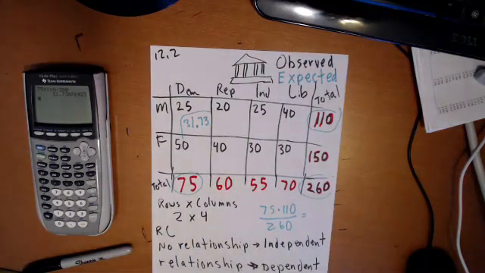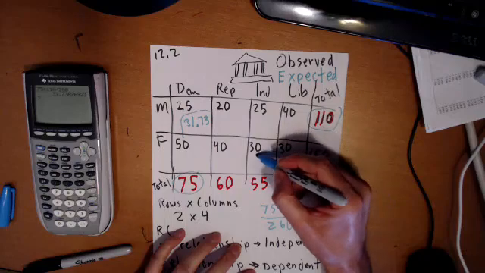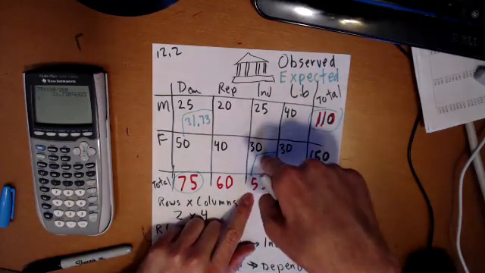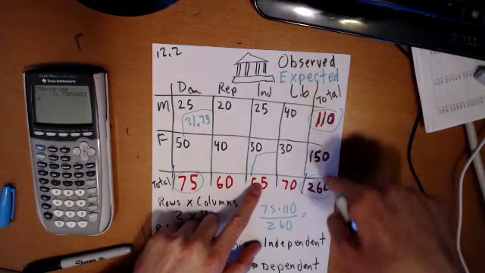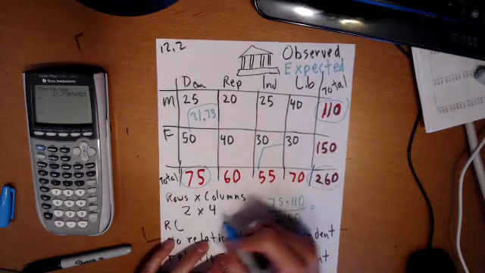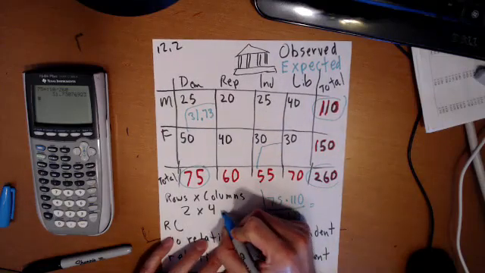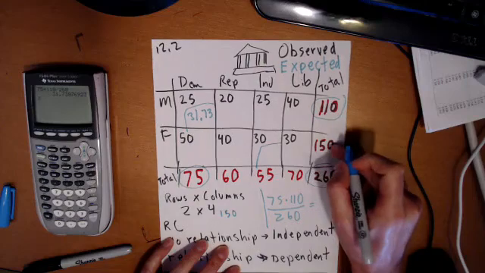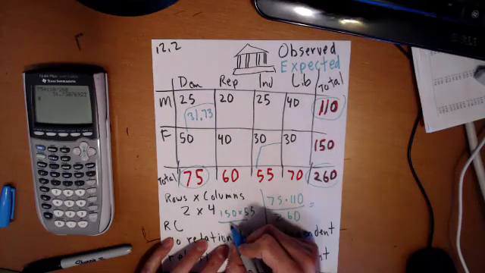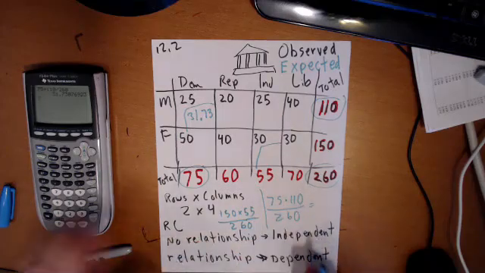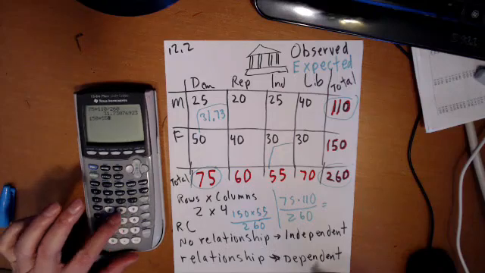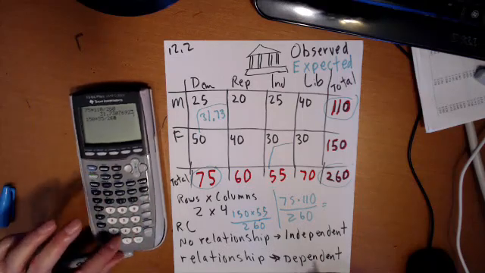Okay. So just for fun, what number would go right here? That would be the independent females, row total times column total divided by total total. So that would be 150 times 55 divided by 260.